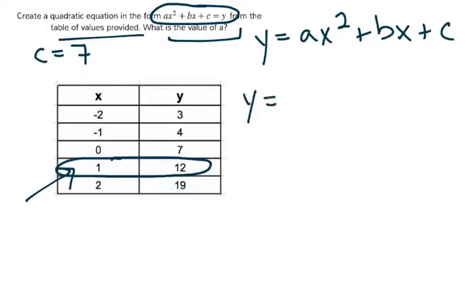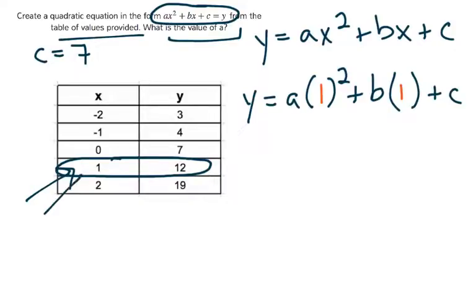So y equals a times 1 squared plus b times 1 plus c. So again, I just plugged in that 1 into my values for x. And again, I'm going to replace the y up front here by the y I know that I get out, which is 12. Okay, so now I'm going to solve it.